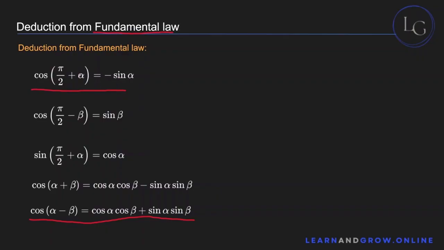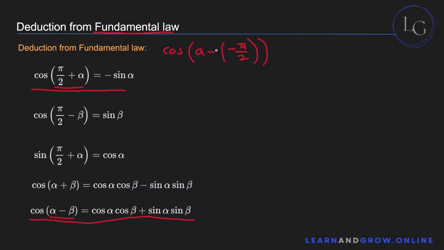Why do we get this? Well, input this in the fundamental law. So this would become basically cosine of alpha minus negative pi by 2, right? Because it's alpha plus pi by 2, and over here it's also alpha plus pi by 2 once you multiply these two negative signs, right?